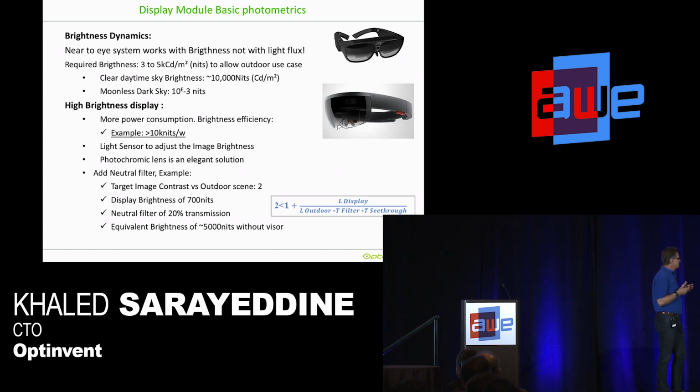So what people did is they put a kind of shading between the display. If it's a shading of about 20%, it means you have the equivalent of 5,000. This is what Microsoft is doing, that ODG is doing. So on the right, you have an equation. It's a little bit of cheating with the brightness, but it's a way to deliver the right brightness without effort.